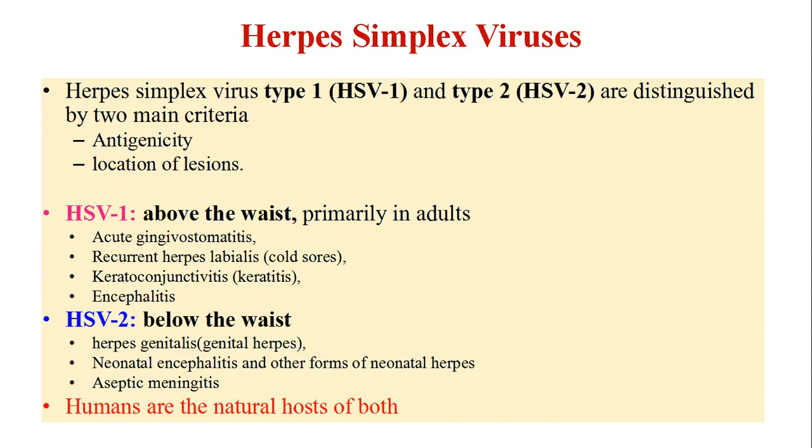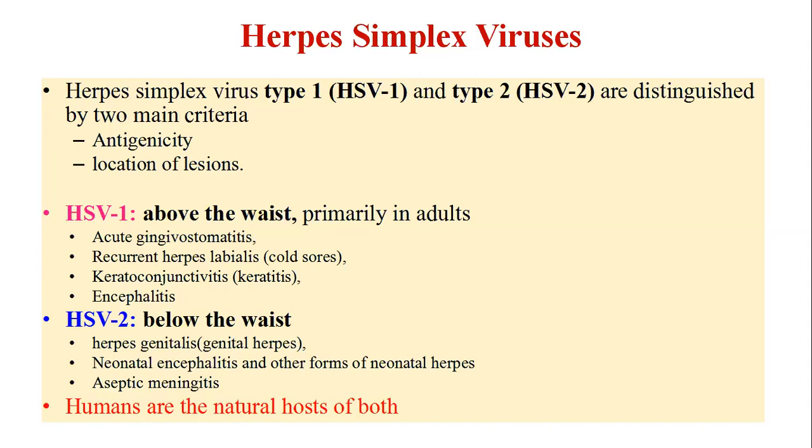What are the clinical manifestations there? HSV1 can cause acute gingivostomatitis, recurrent herpes labialis, that is cold sore, or keratoconjunctivitis, or simply keratitis, and encephalitis.